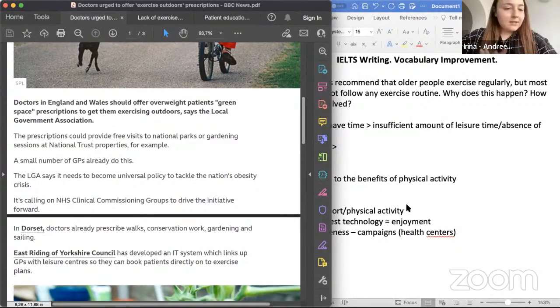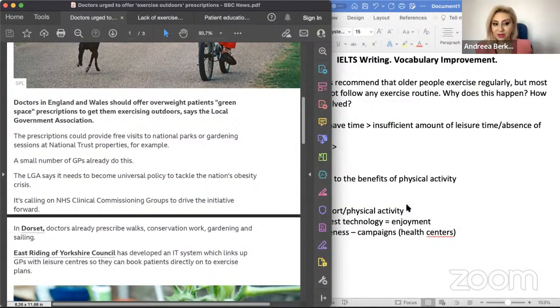Okay, so Christina, in this small piece of information, did you find any new ideas that you could use in the essay, or new words? Yeah, it's really related to the essay. I think the idea of the green spaces, like doctors advising them.